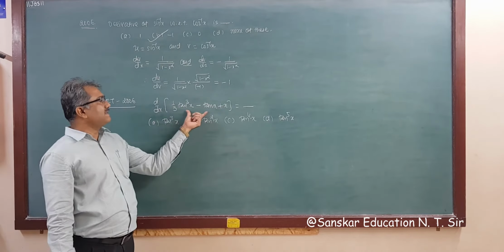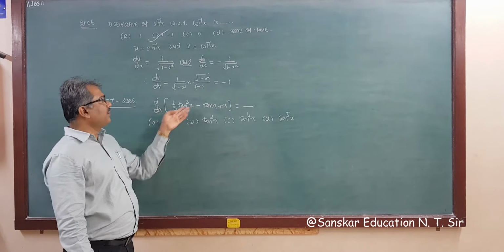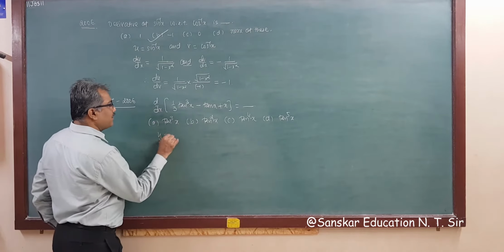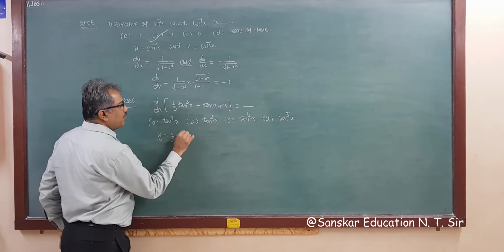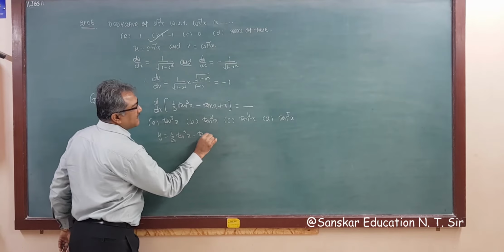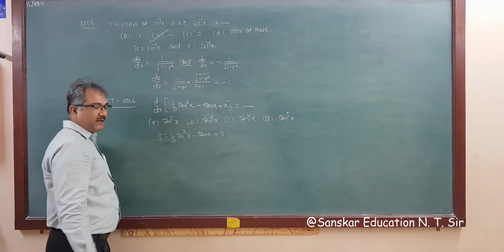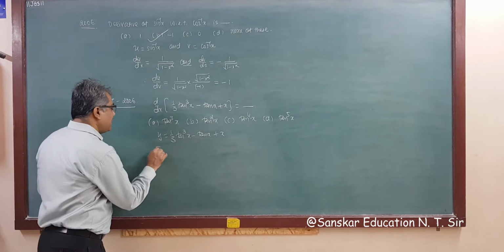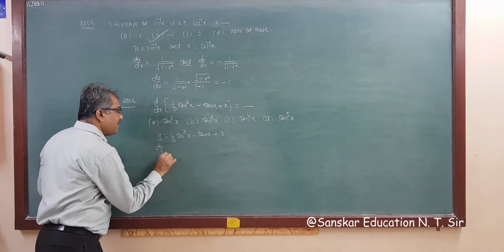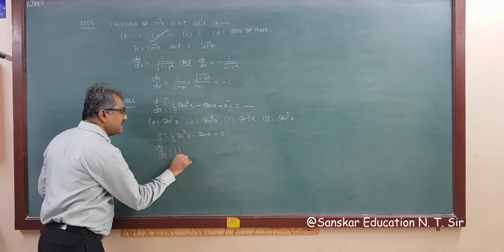Now suppose this is y, right? So you have to differentiate this. So y is equal to 1 upon 3 tan cube x minus tan x plus x. Differentiating with respect to x, dy by dx is equal to 1 upon 3 as it is.